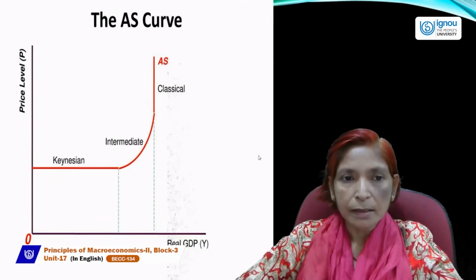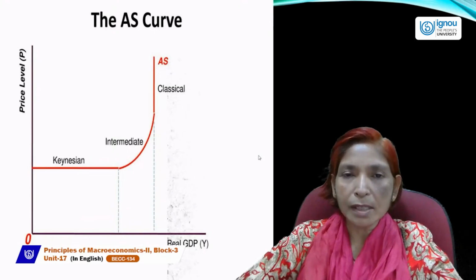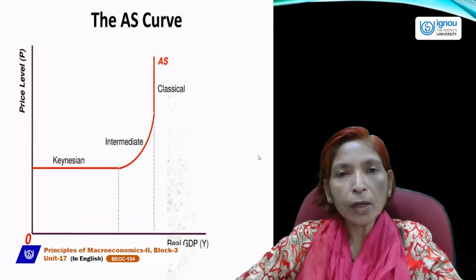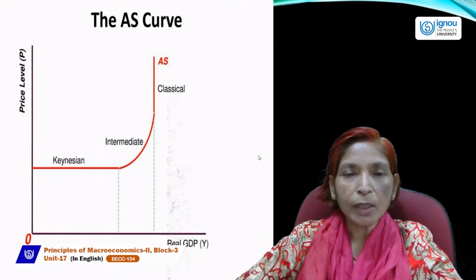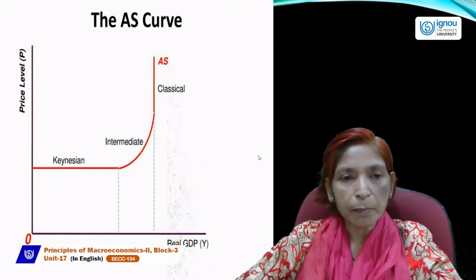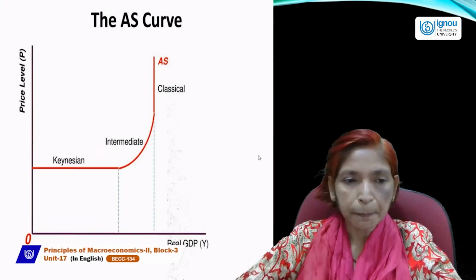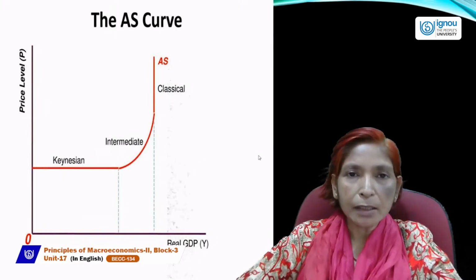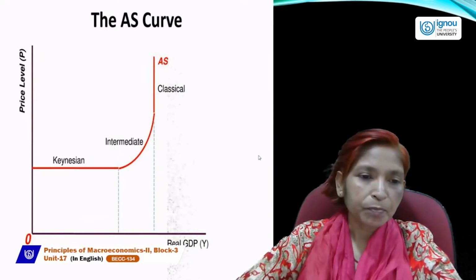Aggregate supply is the total supply of all goods and services produced by the whole country's producers at a particular time period at the given prices. The aggregate supply curve is upward sloping, showing a direct and positive relationship between price and real GDP.